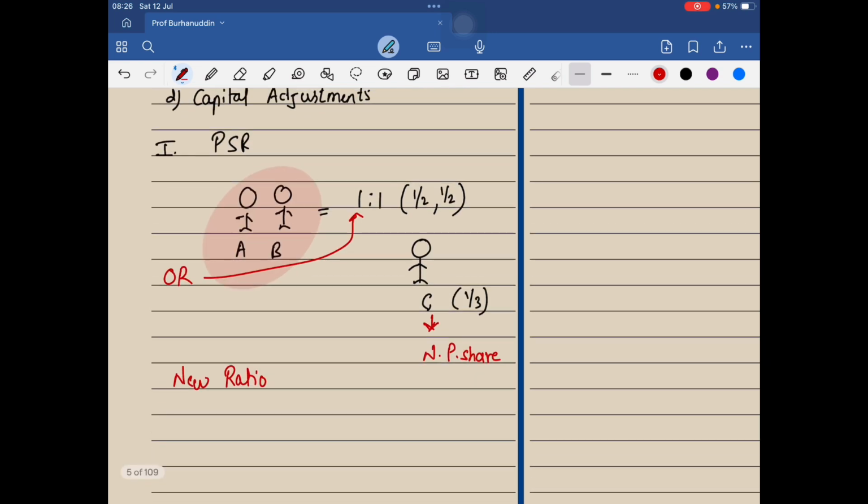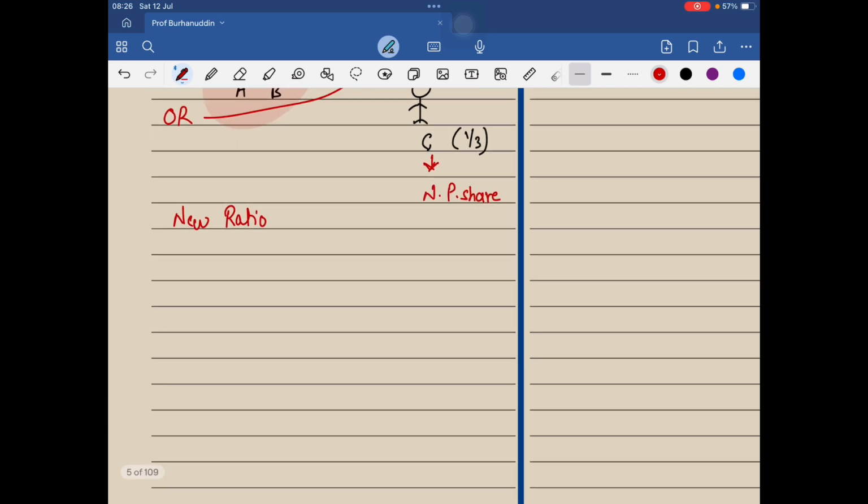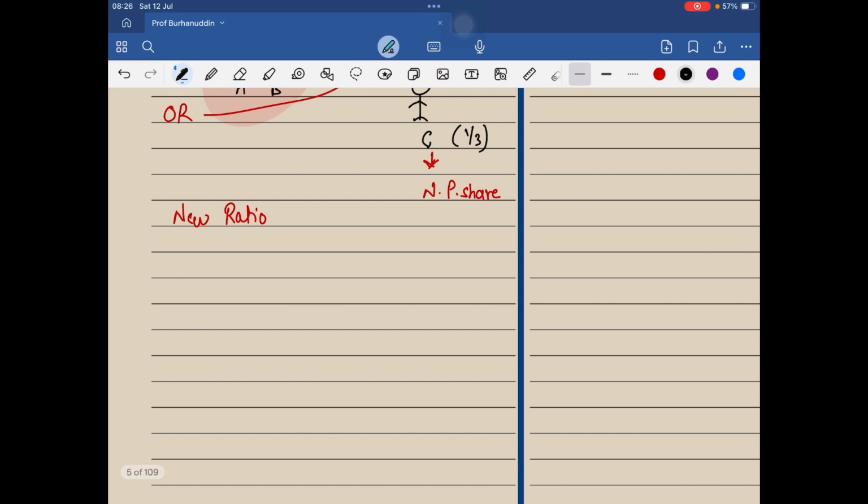Now what happens? I'll take an example, and we'll quickly go ahead with this. If I'm having 90 rupees profit, earlier this profit was divided between A and B as 45 each. C was not a partner, so he won't be getting any. But now C is also a partner, so C will ask for a share in it.